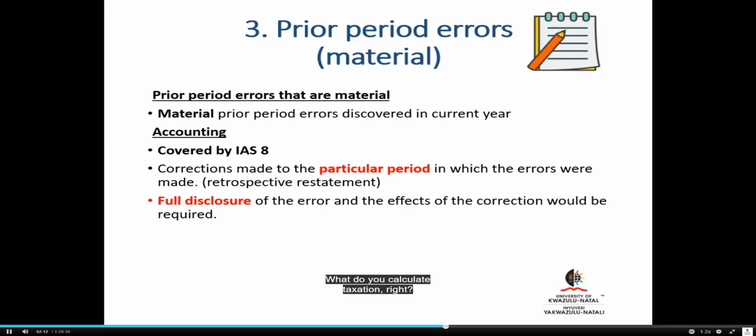Taxation, right? Yes. Once you deduct taxation, what do you have as the last figure there? You've got your retained earnings for the year. Okay, before you get your retained earnings, you get your profit. Oh, you mean net profit after tax? Yes. And then where do you take that profit after tax? You take it to your equity, to your retained earnings, right?